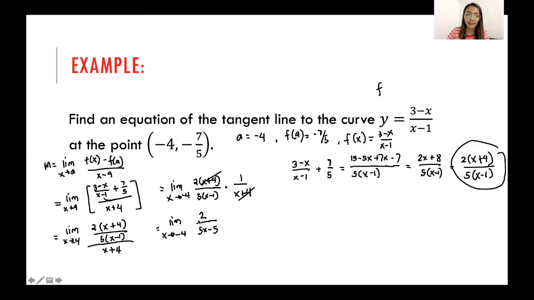Okay, so since nakasimplify na siya, we can now substitute negative 4 here sa x. So we have 2 over 5 times negative 4 minus 5.